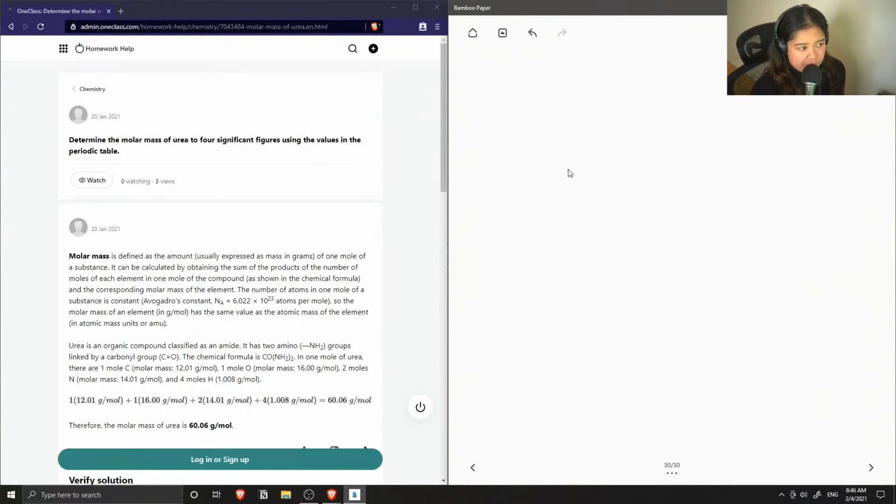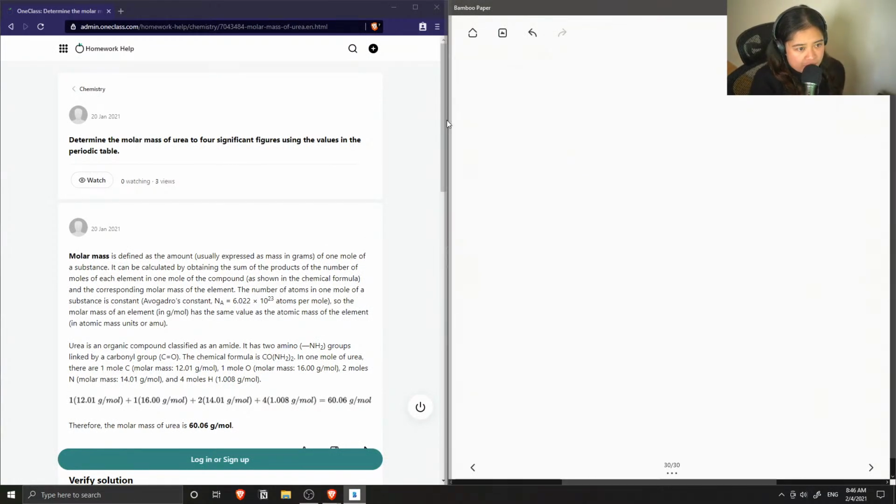Question 1 says to determine the molar mass of urea to 4 significant figures using the values in the periodic table. Okay, so urea. Let's first draw out its structure.